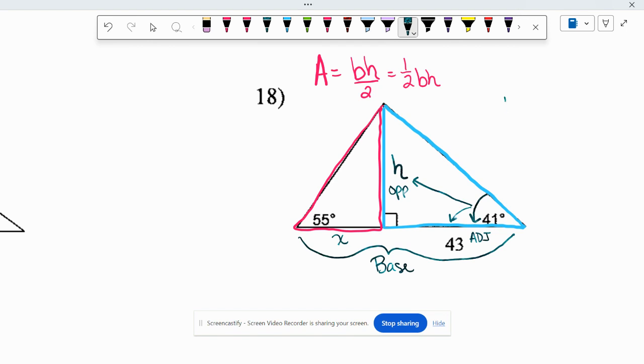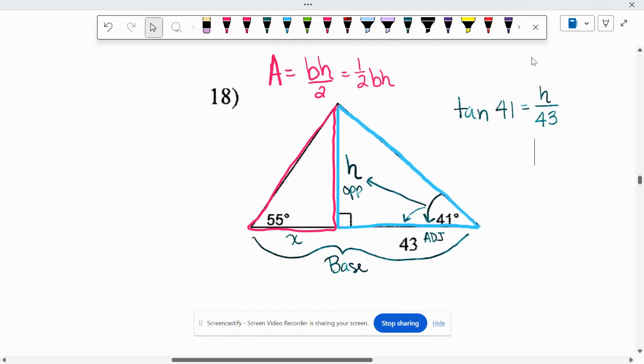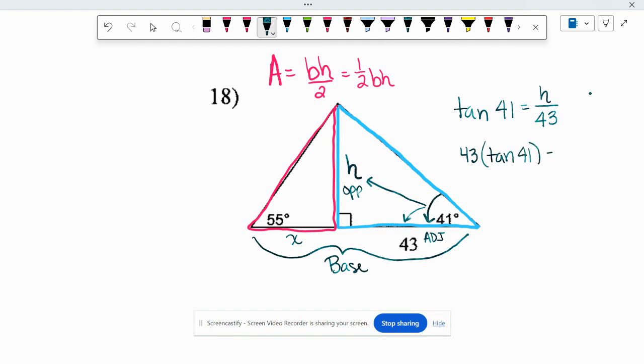Tangent, yeah. So the tangent of 41 equals the opposite over the adjacent. So what? We're going to multiply both sides by 43. So 43 times the tangent of 41 equals my height.